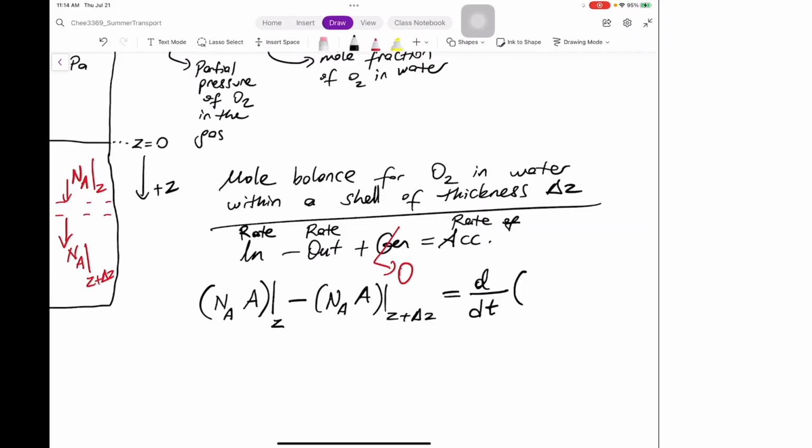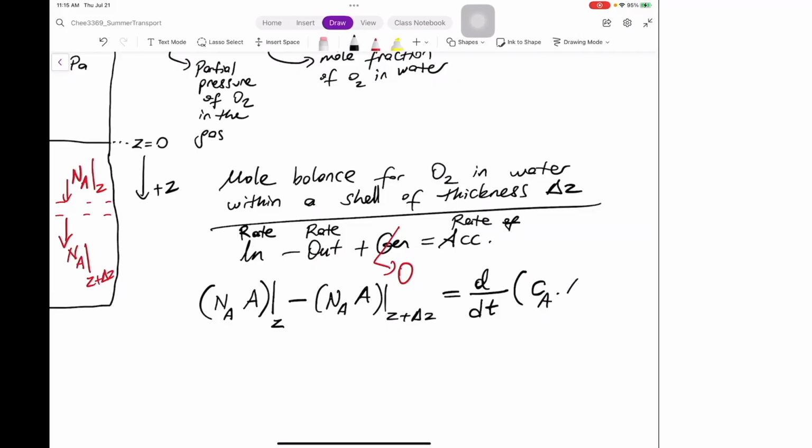So I write down the time derivative of the amount of oxygen. The amount of oxygen is basically the concentration of oxygen, let's call it CA because I'm using an A here, but I know that the A is O2, times the volume of the shell.